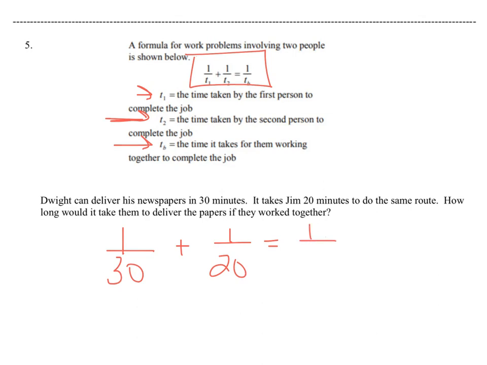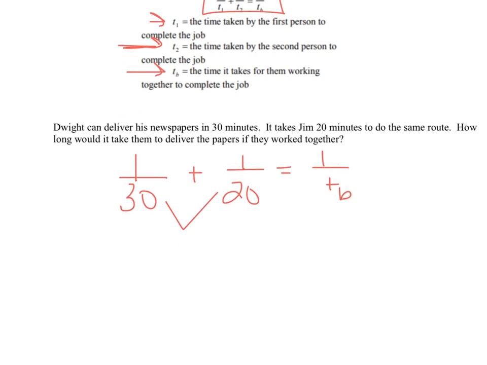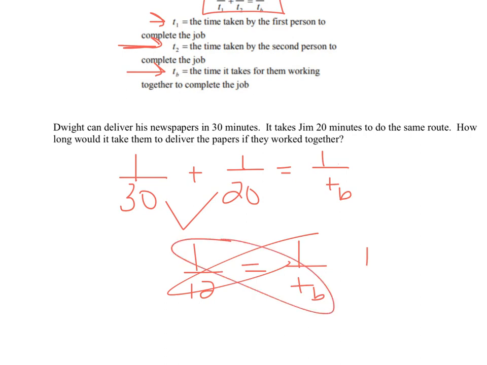So we'll have 1 over TB. I'm going to add these guys into my calculator using alpha y equals. So if I do 1 over 30 plus 1 over 20 in my calculator, it becomes 1/12. And then you're going to cross multiply, and you're going to get TB equals 12 minutes. And that's your answer for them together.